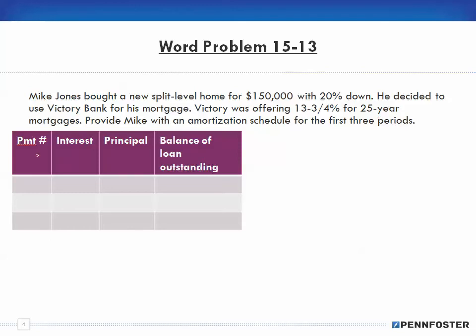So I just recreated this quick little table here in order to outline things. I have 3 periods: 1 payment, 2 payments, and 3 payments. We had $150,000 and a down payment of 20%. 20% of $150,000 is $30,000.